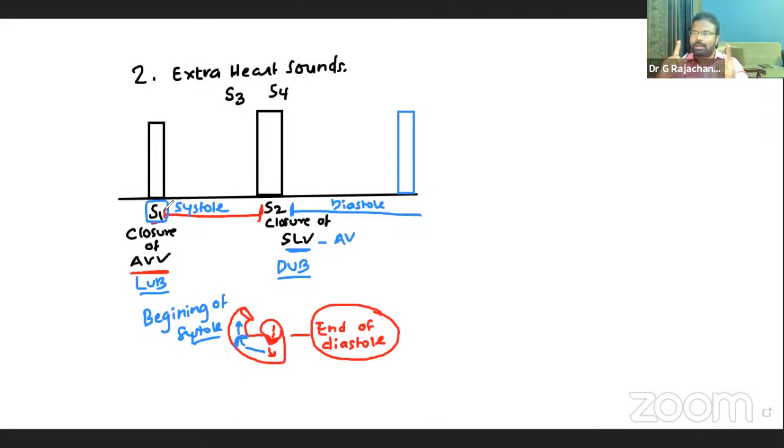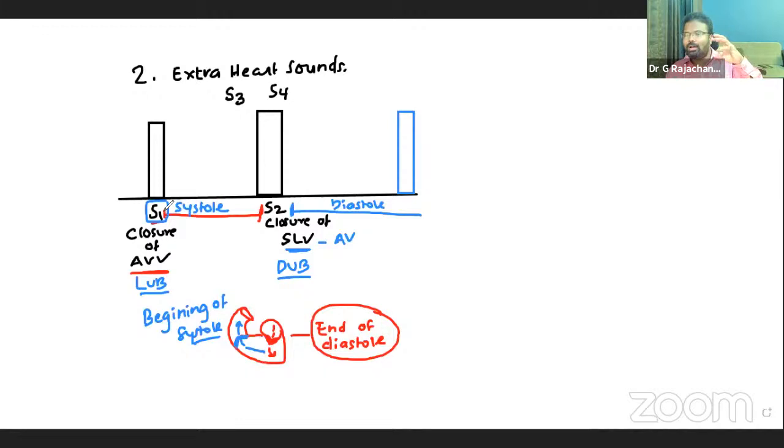When the murmur and the pulse coincide, it is a systolic murmur. When the murmur and the pulse don't coincide, they are asynchronous, and they are called diastolic murmurs.